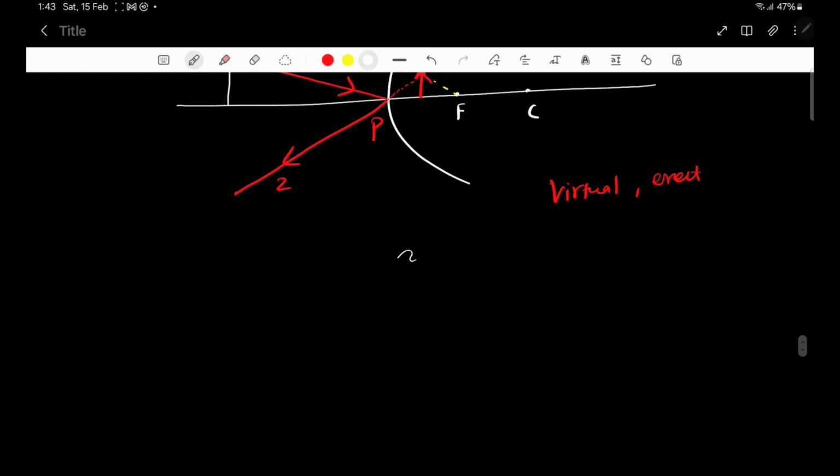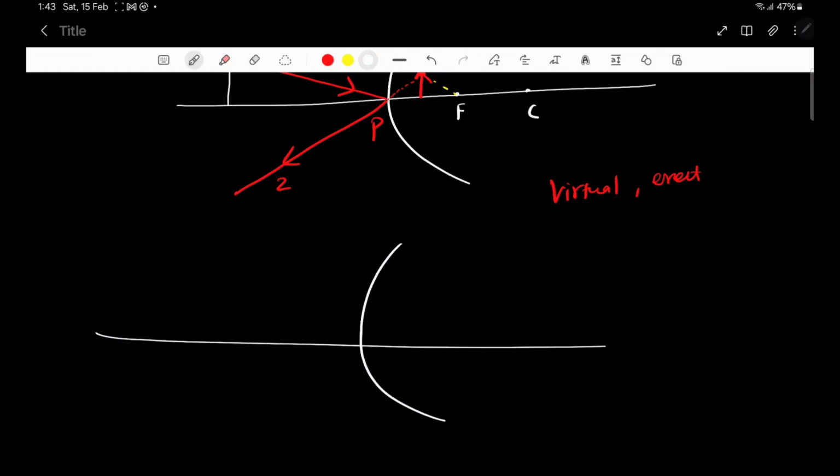What will happen if the object is placed at an infinite distance from the convex mirror? Again, the same rules are applicable. If the object is placed at infinite distance from the convex mirror, the light rays reflected off from the object may be considered to be parallel, because I told you the logic for that, right?